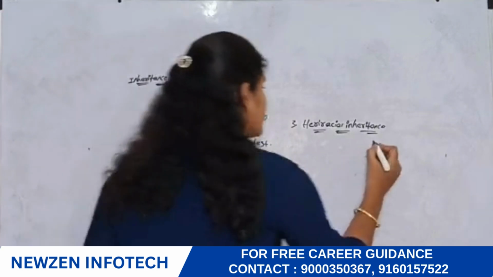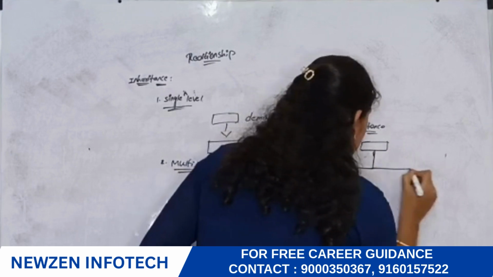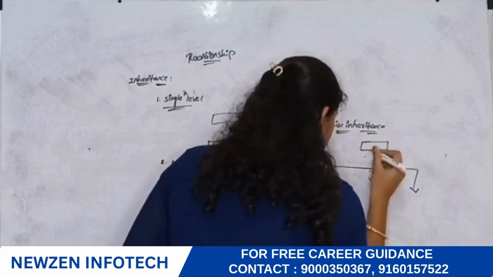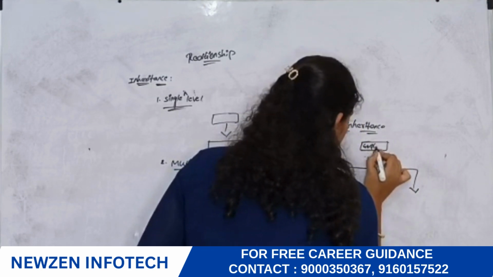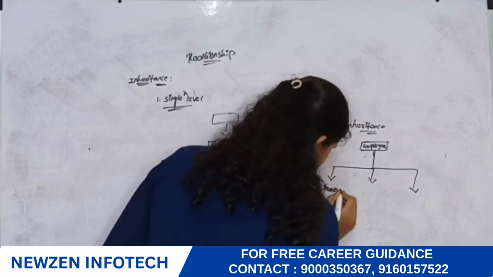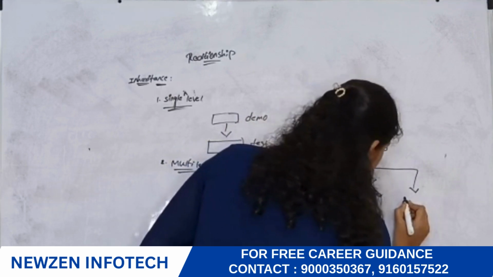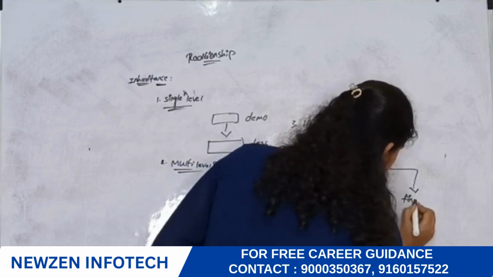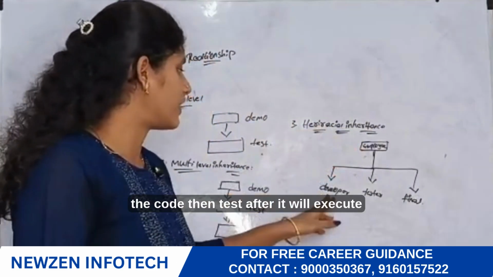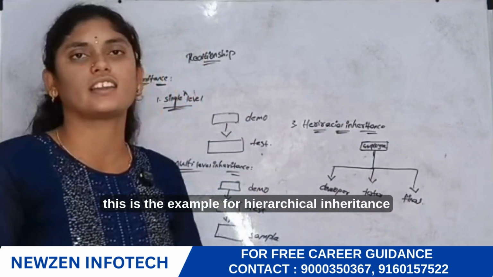For example, first one, employer. The employer wants to first develop the code, then test, after that it will execute. This is the example for hierarchical inheritance.